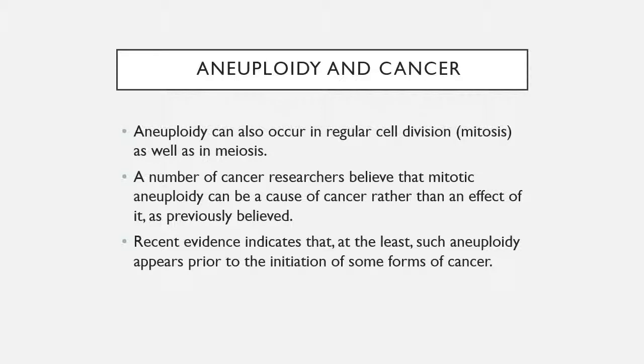So when this mitotic division does not occur properly and you end up with aneuploidy in your regular body cells, that can lead to the development of cancer. Recent evidence indicates that at the least, aneuploidy appears prior to the initiation of some forms of cancer. It could be possible in all forms of cancer, but they know it's at least in some forms of cancer that aneuploidy is the cause.